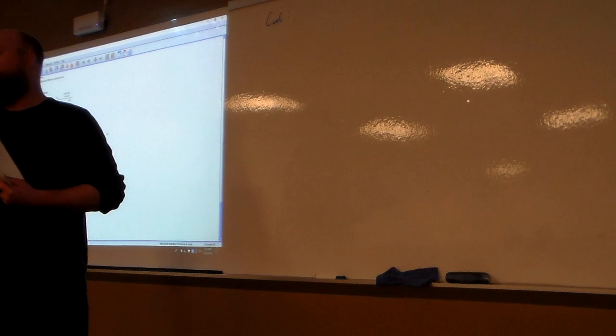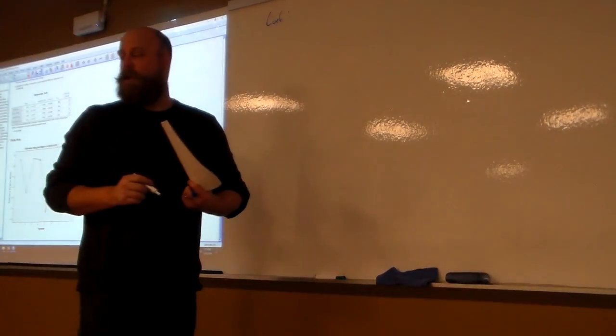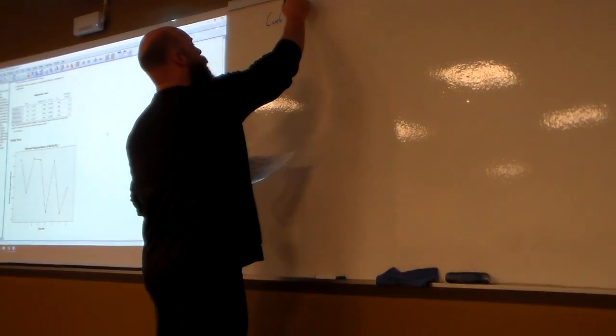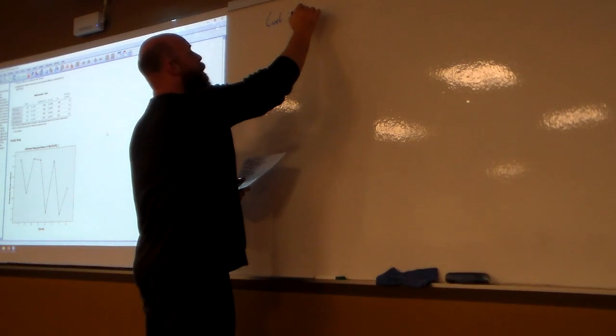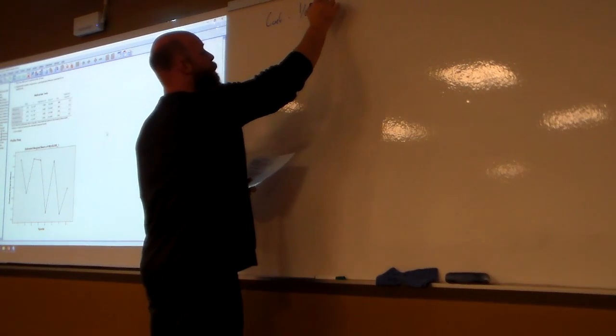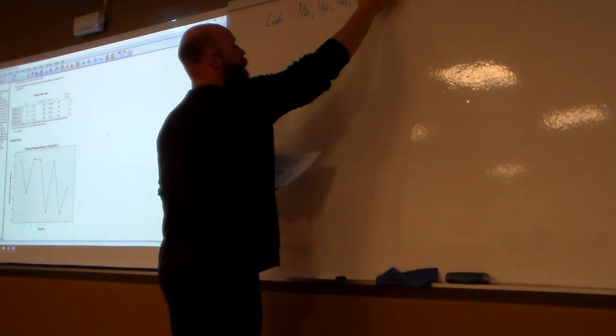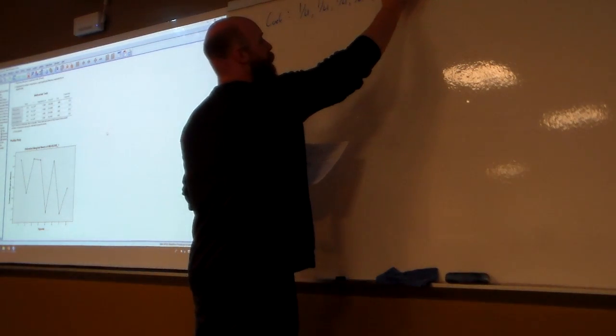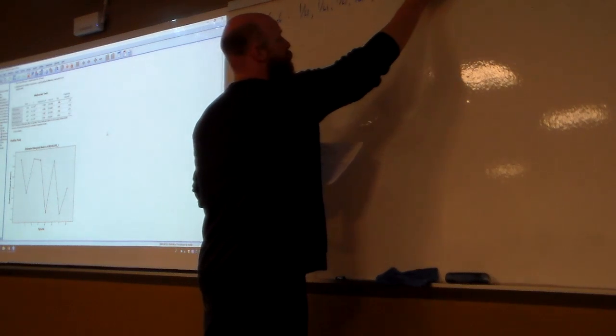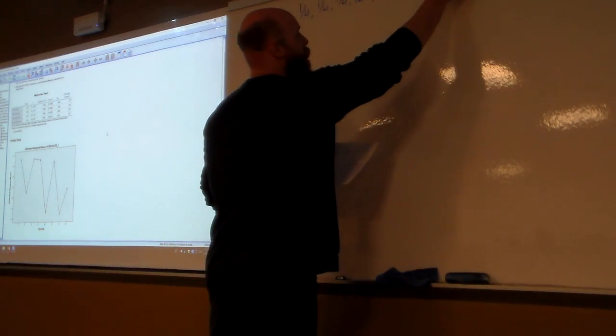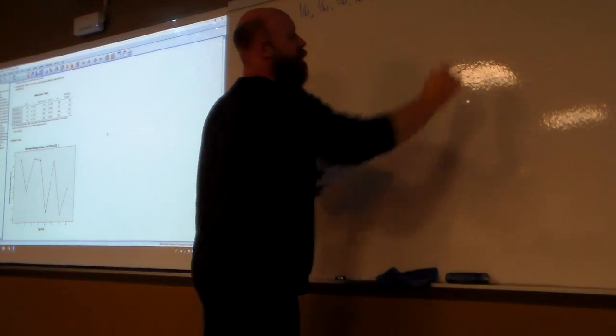I'm not sure with the signs, but let's go with positive 1/4, positive 1/4, positive 1/4, and negative 1/4. So 1/4, 1/4, 1/4, 1/4, minus 1/4, minus 1/4, minus 1/4, minus 1/4.